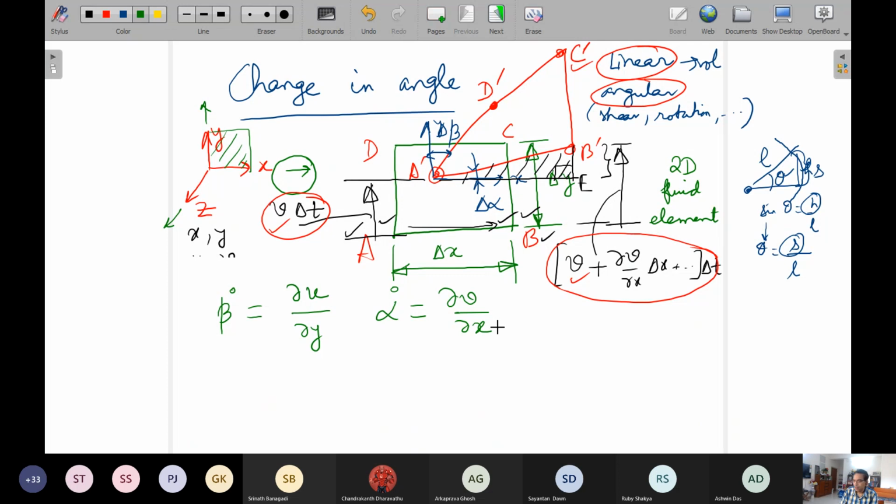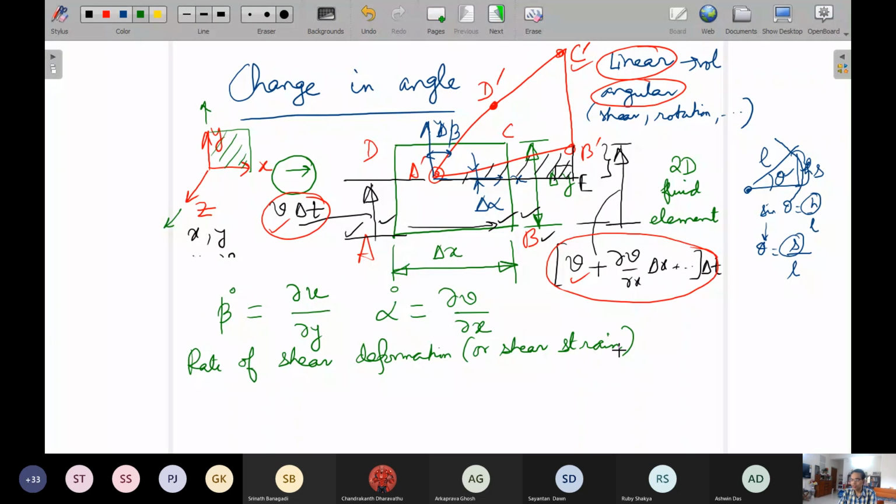So the first physical concept related to these angles is rate of strain or rate of shear deformation. Or shear strain. Whatever. So normally it is called rate of deformation.